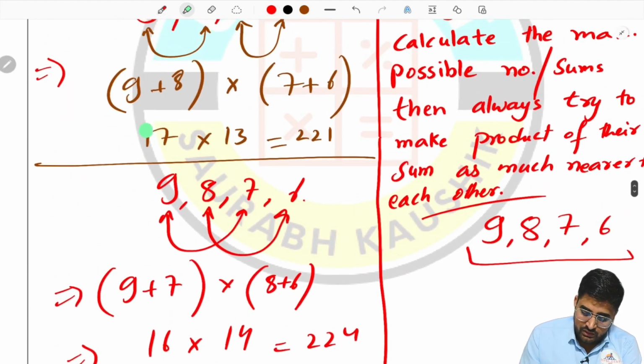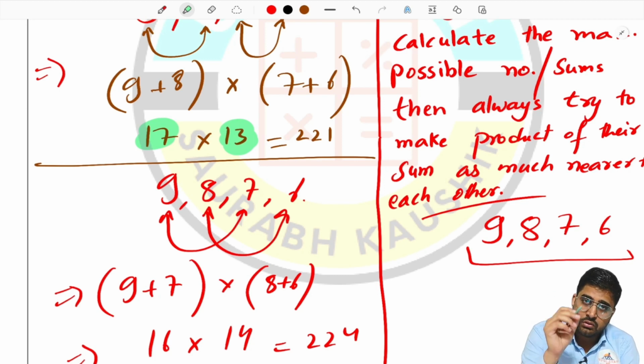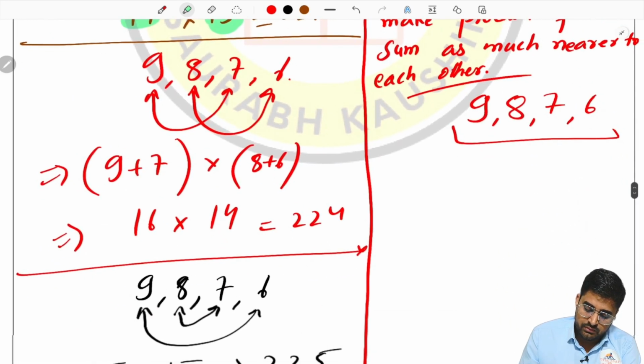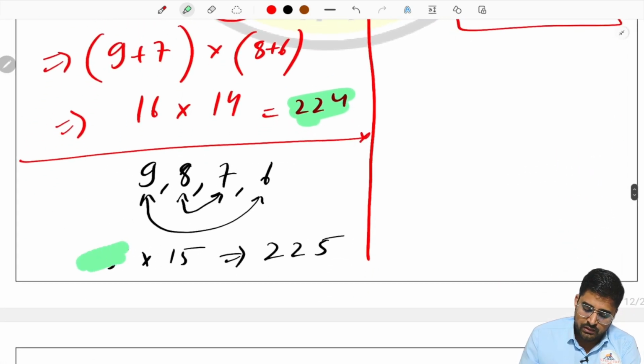When the difference between two numbers is greater, the product is smaller. See, 17 into 13, the gap is 4. When the gap is greater, the output is less. Here the gap is 2, but the output is higher. You can compare 221 and 224. But when both are equal, you get the maximum output.